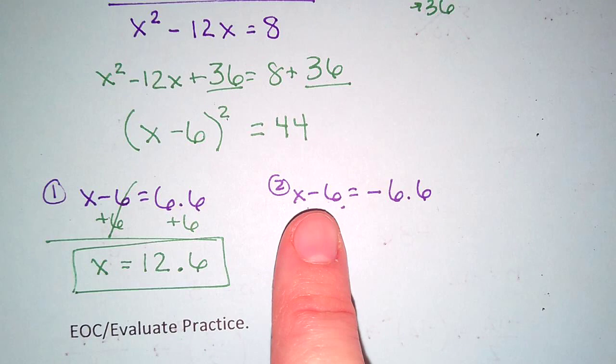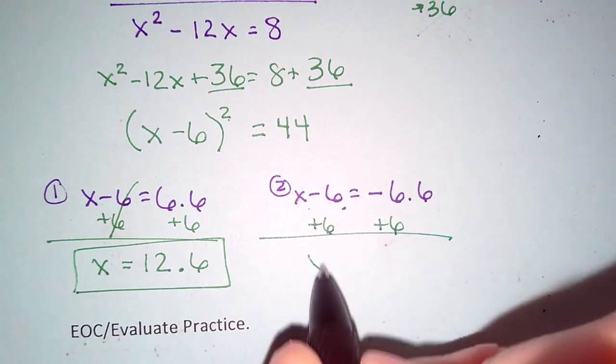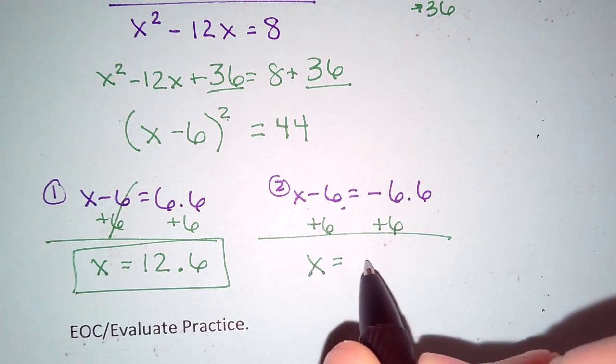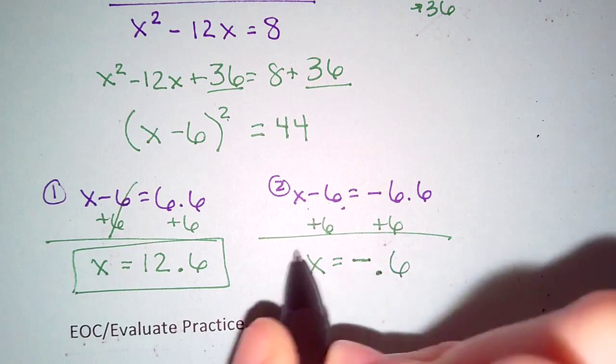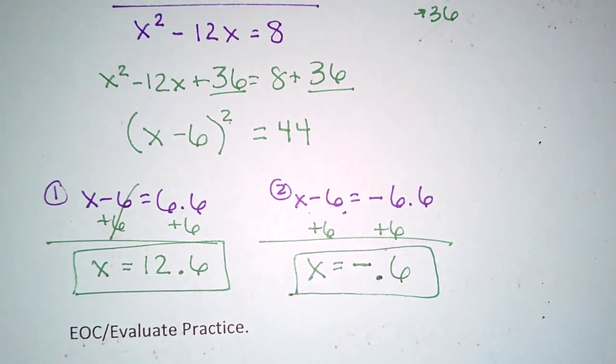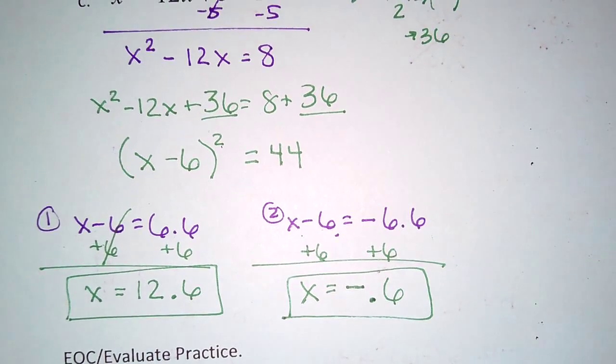This one, add 6 to both sides, x equals negative 0.6. Good. I guess you're getting the hang of it a little bit.